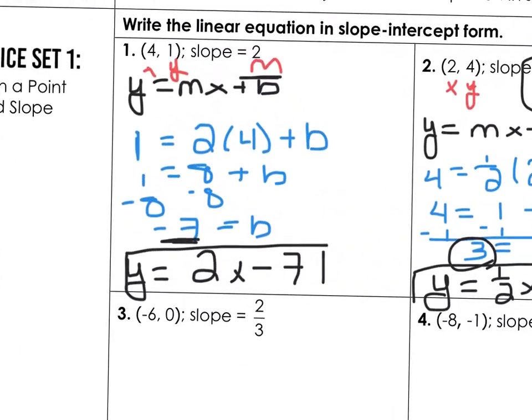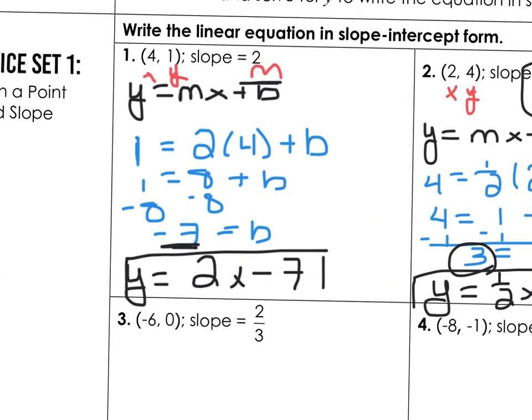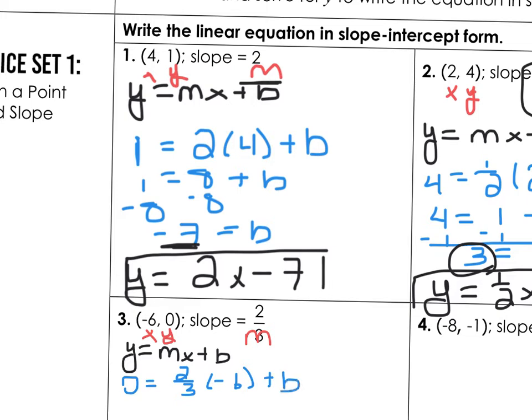Okay, so let's go to the next one. So once again, we've got y equals mx plus b. So x, y, m. So my y is 0, my m is 2/3, my x is -6 plus b.